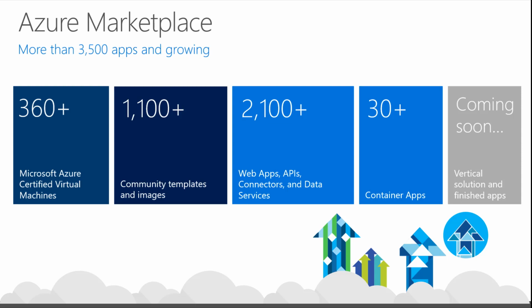We have thousands of community templates, and again, we want to focus on those for Azure Stack, which are out on GitHub, also known as the Quick Start templates. We have a few thousand web apps, APIs, connectors, and data services, dozens and dozens of container applications, and we're constantly developing vertical solutions and finished applications.